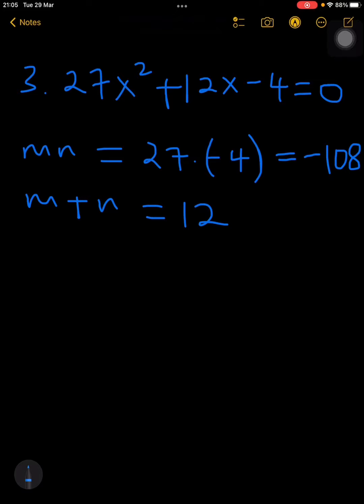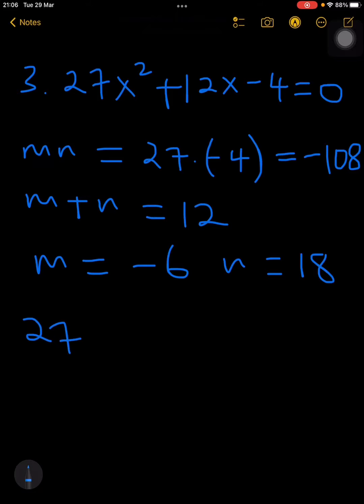Either of the numbers should be negative 6 while the other one is 18. Negative 6 multiplied by 18 is negative 108, but when I add them, I'll get 12. So again, we come and substitute the negative 6x and 18x where we have the 12x.